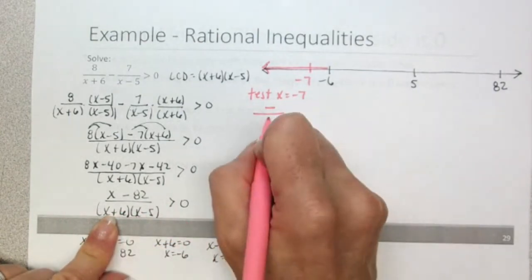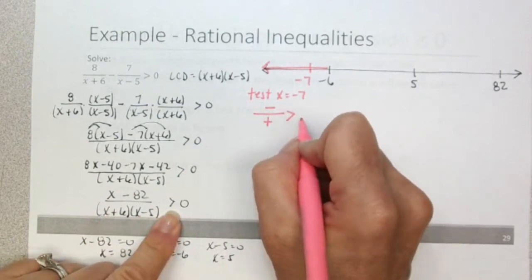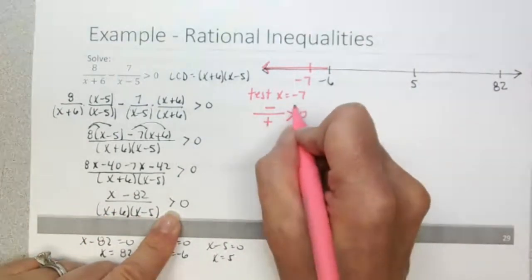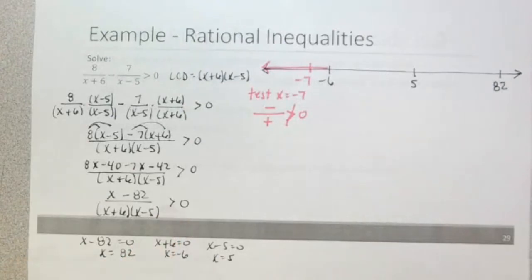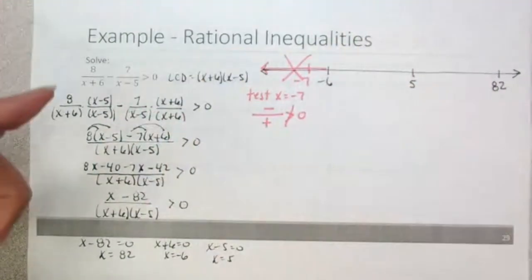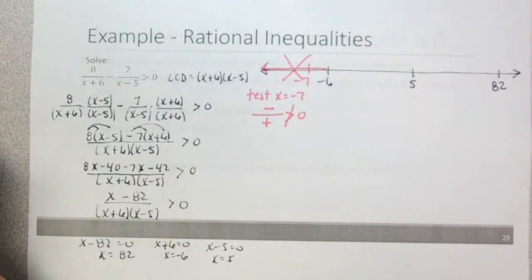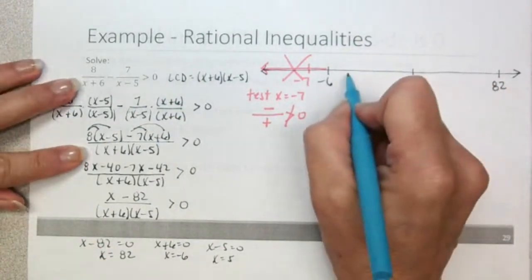Negative times negative makes that a positive denominator. And I'm wanting this to be greater than 0, but it is not. That means that's an interval that does not satisfy our inequality, so we throw that interval out.